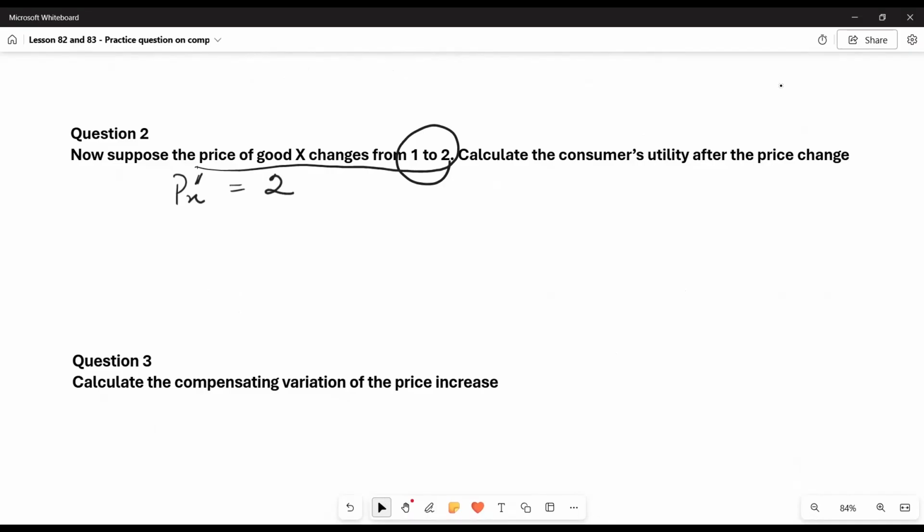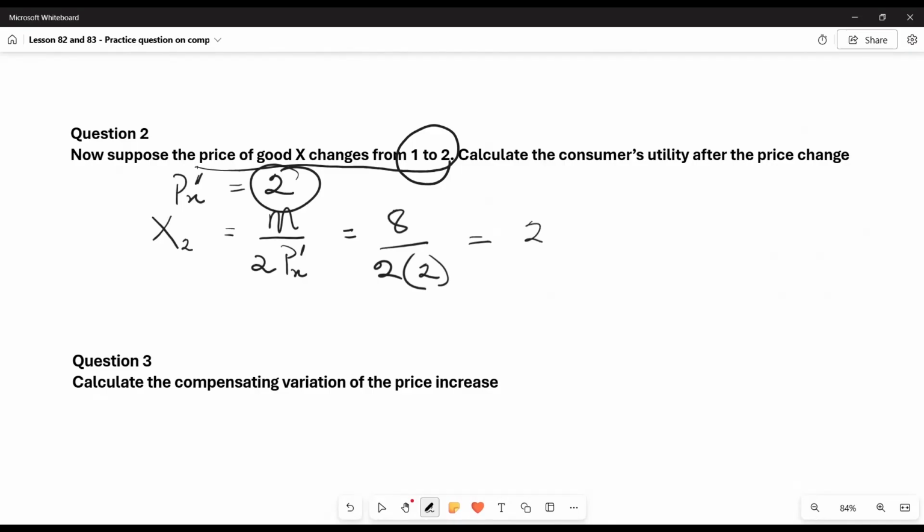Now the only thing that is changing here is the price of good X. So our new demand for good X, let's call this X2, is equal to M divided by 2 times the new price of good X. So this is M, which is still 8, divided by 2 multiplied by the new price of good X, which is 2. So our new demand for good X is going to be 2.